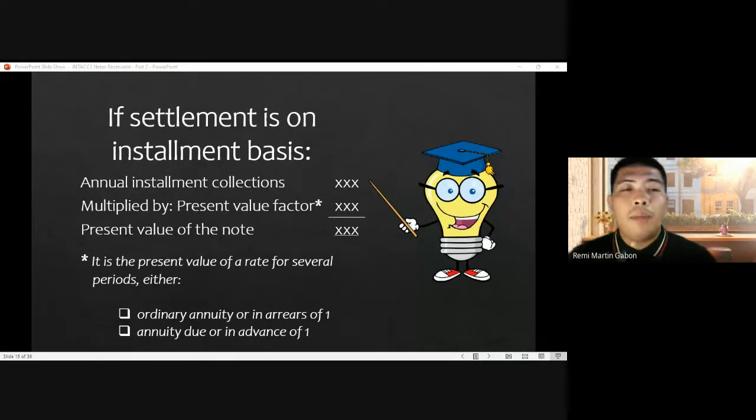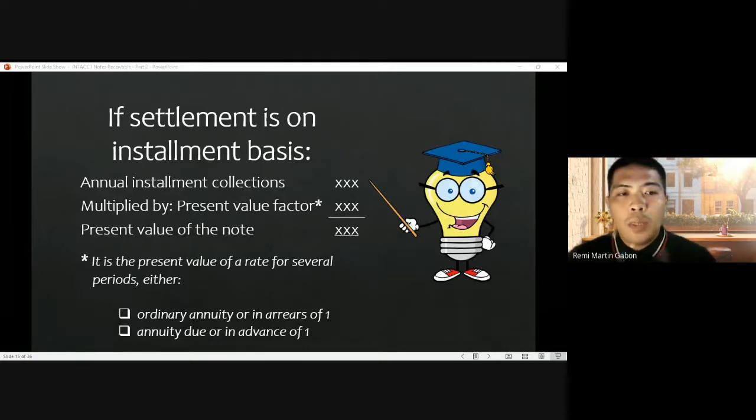A transaction may or may not involve a down payment, but sometimes a transaction may involve advance payment. Down payment could be an advance payment, but what we are referring to for present value computation is the advance payment related to the installment balance. Down payment kasi does not require present value, but yung installment balance, yun yung magre-require ng present value.